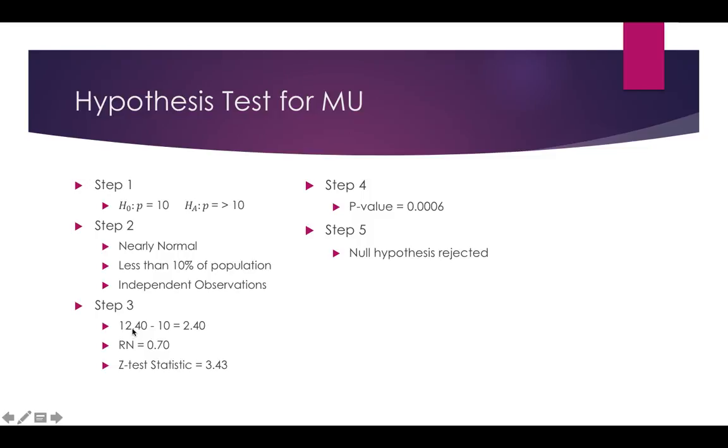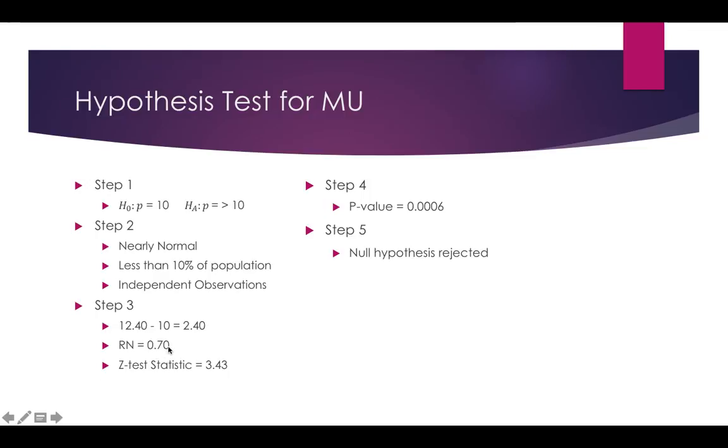Step 3, we're going to take the average I got from my study, subtract the null hypothesis, and get a difference of 2.4. To calculate the random noise, we're going to take the standard deviation and divide it by the square root of 40, which was our sample size of galoots.